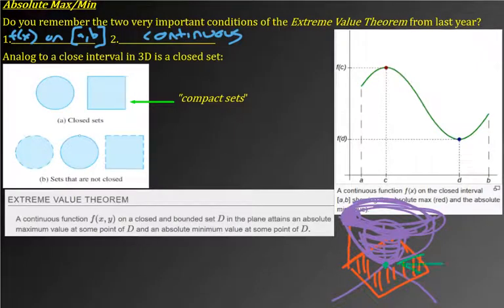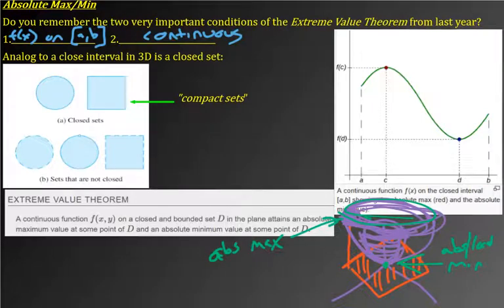So this is an absolute and also a local min. And then up there on that top level would be an absolute max. Not a local max because really the function keeps going up and up and up. It's only an absolute max because of the bounded, closed disk or square in the XY plane.